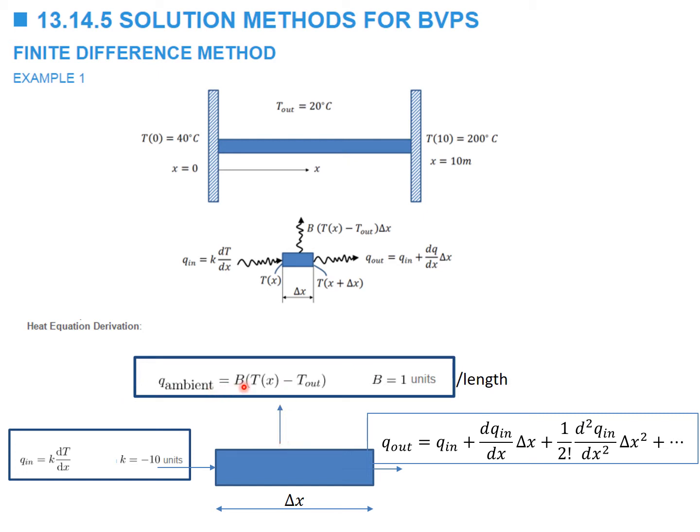This is equal to B multiplied by the difference in the temperature between the rod and the outside environment, and B in this problem is given as 1, per unit length, which means the total heat is going to be equal to this value multiplied by the length of this part of the bar, which is delta x.